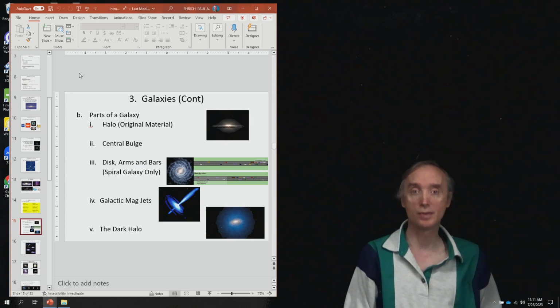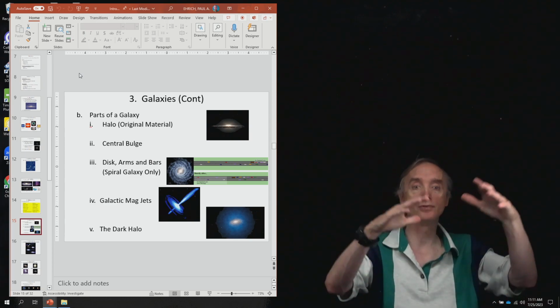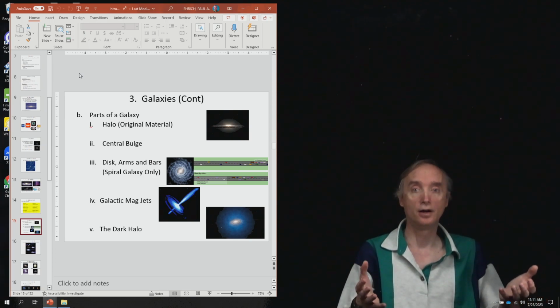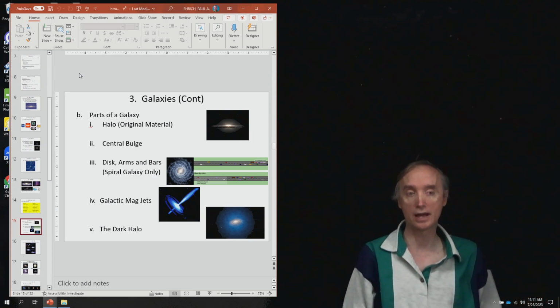So we call these things magnetic jets. And then galaxies also have a dark halo, and in the dark halo, that's where the dark matter is. There's also dark matter in the galaxy itself, but in the outer part of the galaxy, it's more concentrated in this dark matter stuff. So that's going to be even outside of the halo of the galaxy.